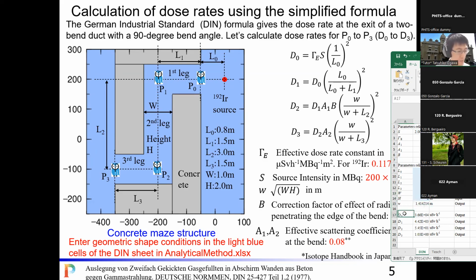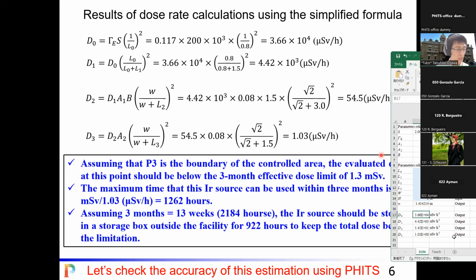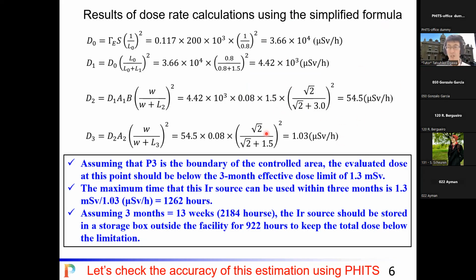Eventually, we get doses at different points. And this is how a simplified formula like this one works. And these values are in complete agreement with the results shown in the subsequent slide.